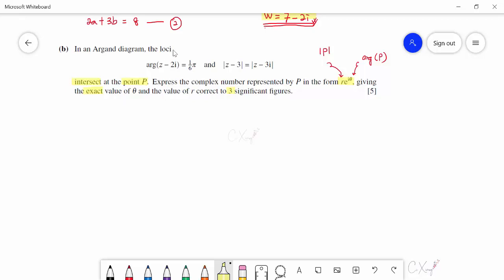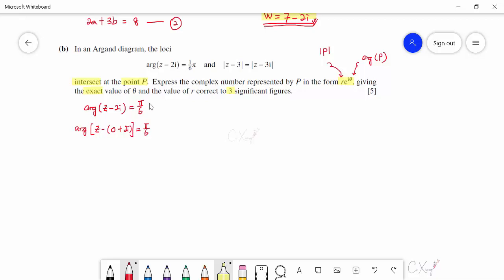I think the first step is we need to sketch out the two loci here. Before I sketch the two loci, I want to see which point I should start from. So this is z minus 2i. To sketch it on the Argand diagram, I rephrase it as z minus (0 plus 2i) equals pi over 6.